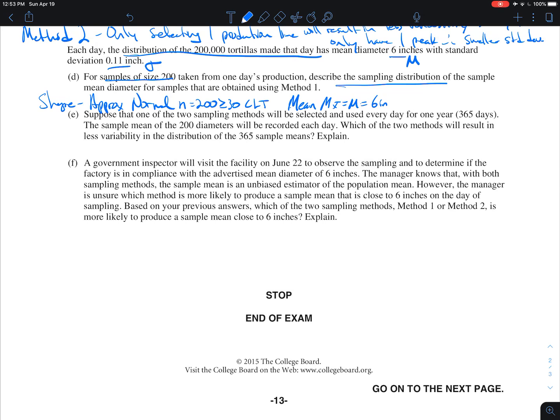And then the standard deviation, or the spread, we know it's standard deviation, that is equal to sigma over the square root of n, so 0.11 over the square root of 200. And really, if that were the answer, you could likely leave it that way, because one of the things they said about this year's exam is the calculator is not needed.